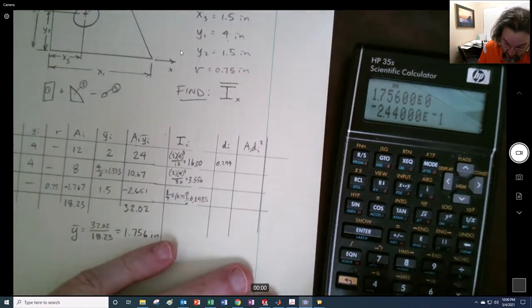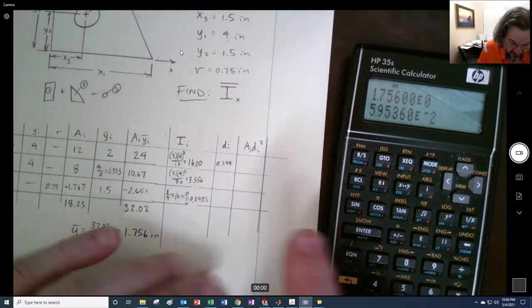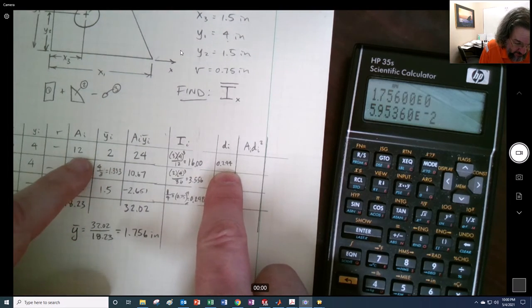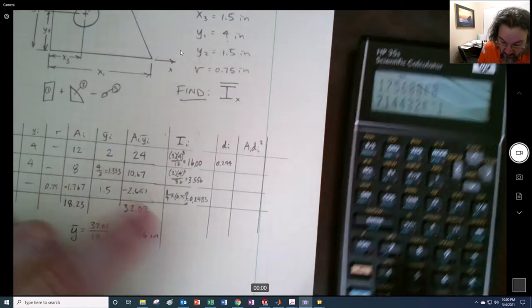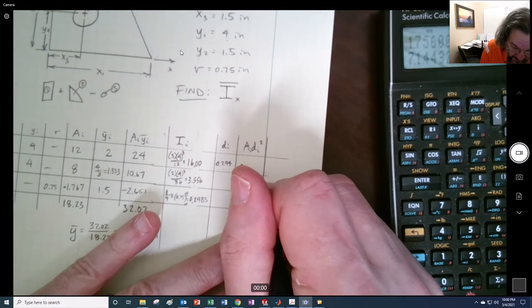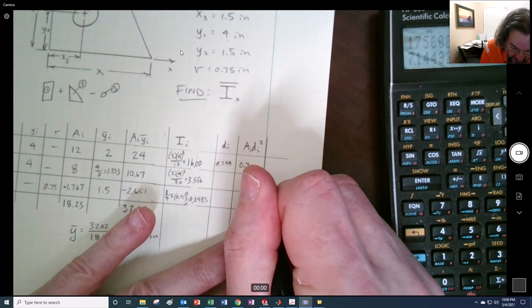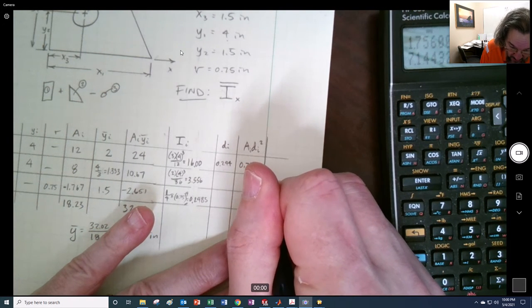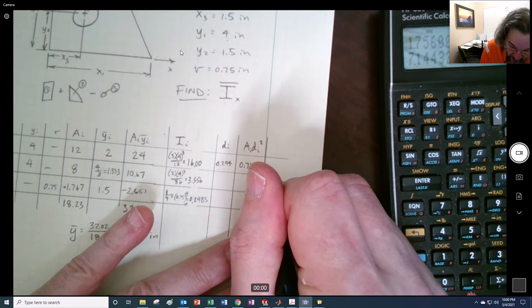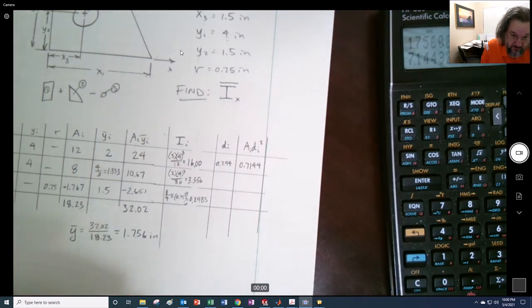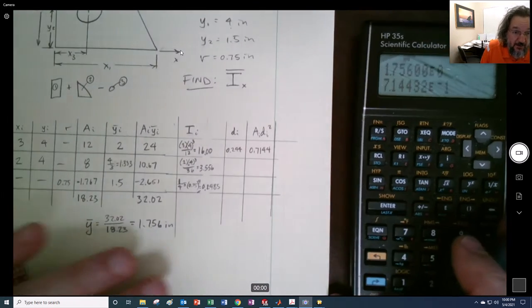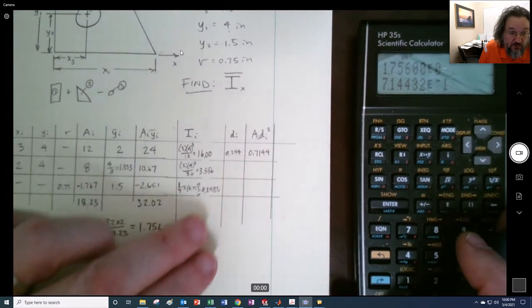And I'm going to square that, so it didn't matter whether it was positive or negative, and multiply it by the area, which is 12. Boom. And all we have is 0.7144. Okay. And so it didn't move much.